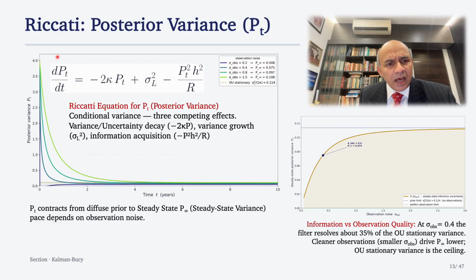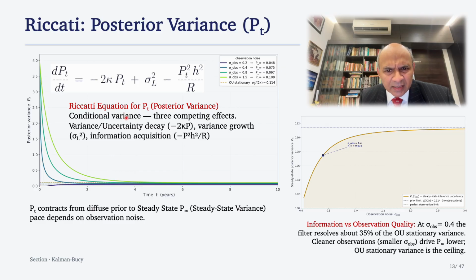And related to that, we've got the Riccati equation for the posterior variance P, which governs the filter's posterior variance as a balance of three different forces. So you've got the minus 2 kappa P, which is the mean reversion decay, then the volatility-driven growth, sigma_L squared, and information acquisition from observations, that's the third element, P squared H squared divided by R. Okay, and you can see the posterior variance falling very fast as your observation noise falls.